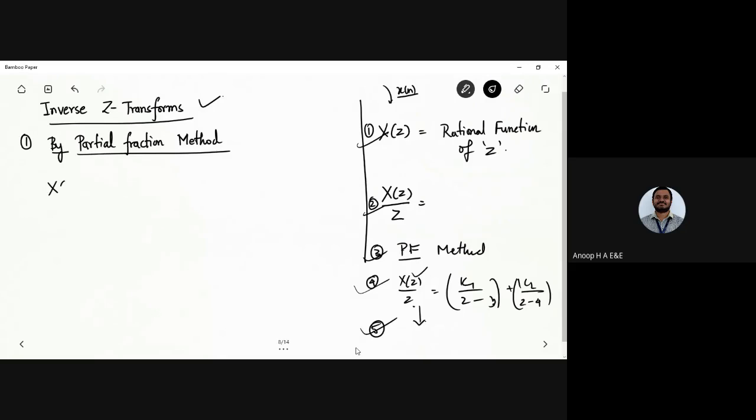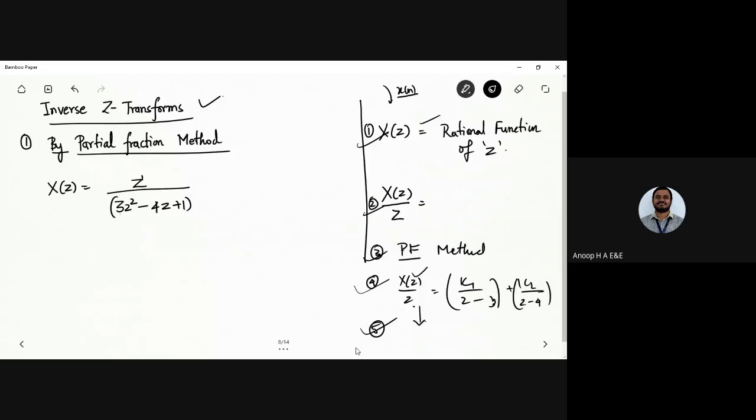A simple problem, one of many; this is one which I found to be simple. So 3z squared minus 4z plus 1. What do I need to do? I need to check whether it is a rational function of z.